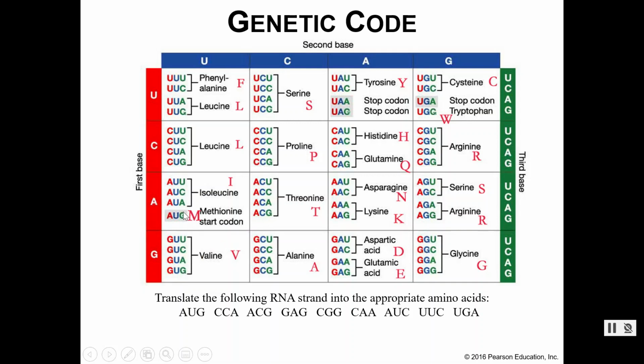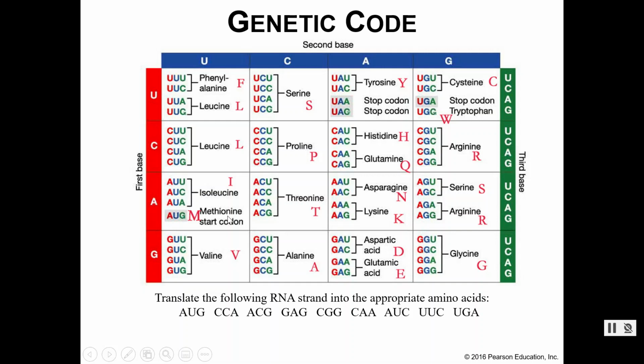Or, you know you're in this box, there's only 4 things in the box, so just go one at a time. Where is my G? There's my G. AUG codes for methionine. Again, our start codon is always AUG. Our first amino acid is always methionine. But at least that gives us an idea of how this chart works.